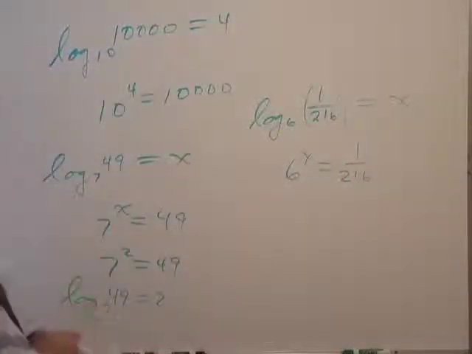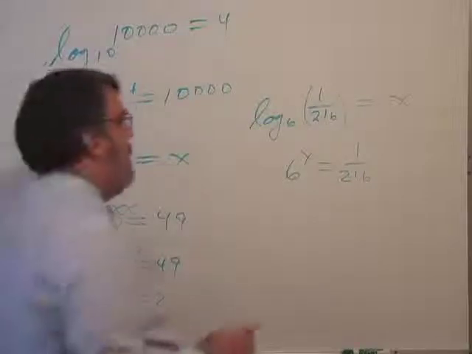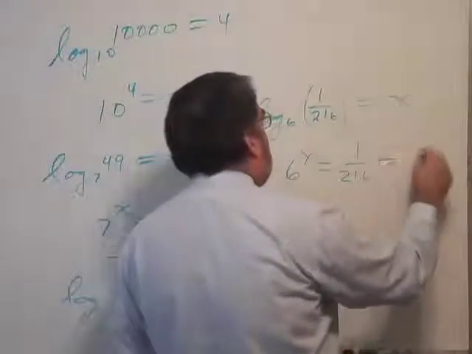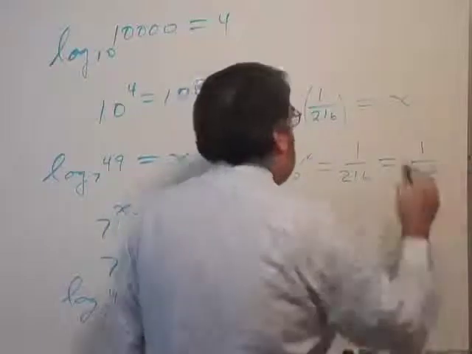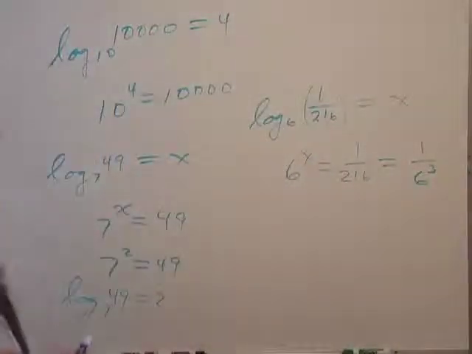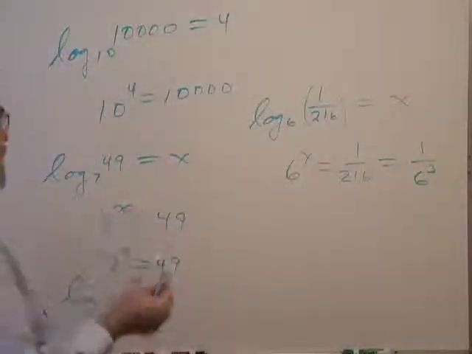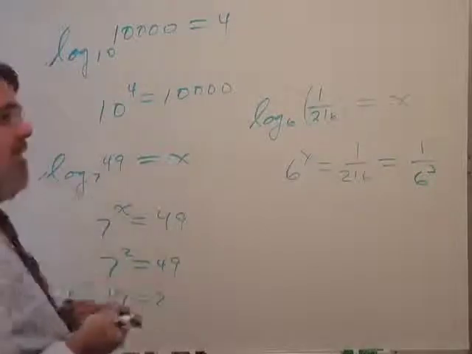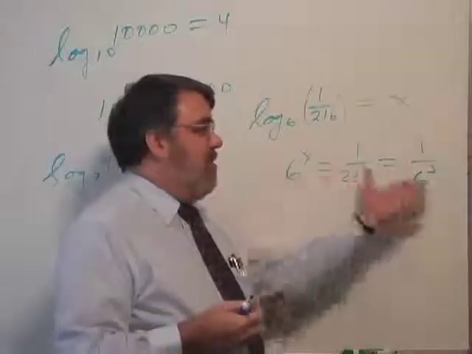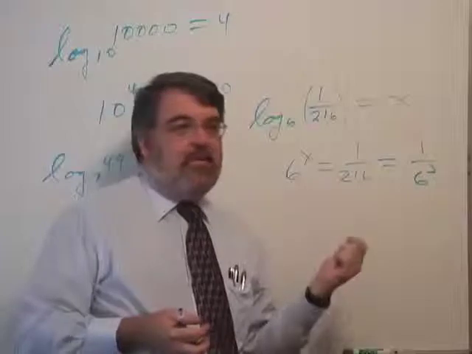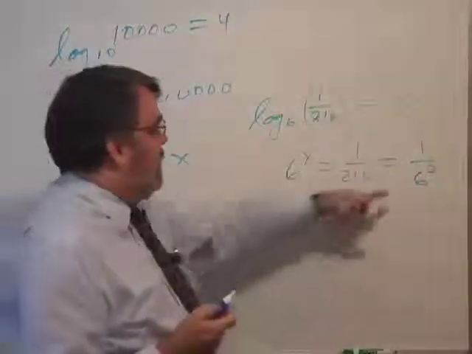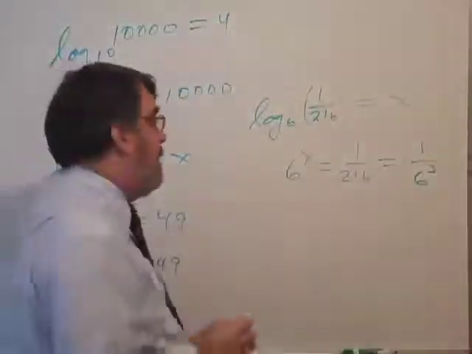Okay, then what now? Well, 216 is a power of 6. It's 6 to the 3rd power. And to finish this process, I need to make both sides have the same base for their exponent. So I'm going to change this to 6 to the negative 3.